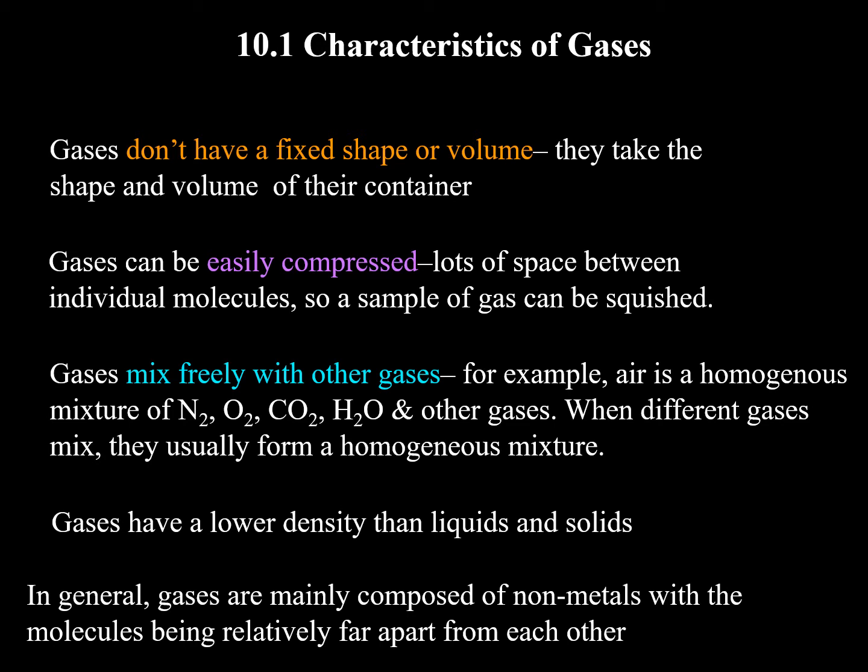If they had a high density, higher than water, you'd have the reverse: you'd have air underneath water, which is not the case. And they're mainly found on the right side of the periodic table. A lot of nonmetals are in the gas form.